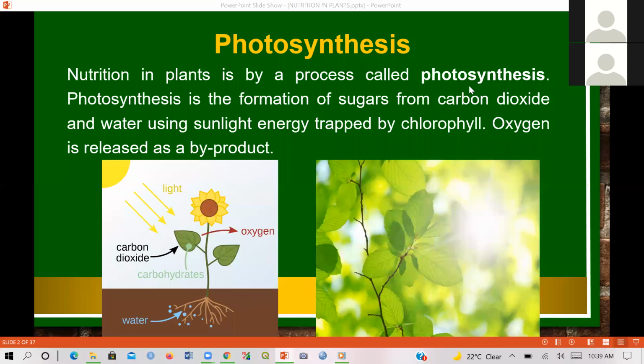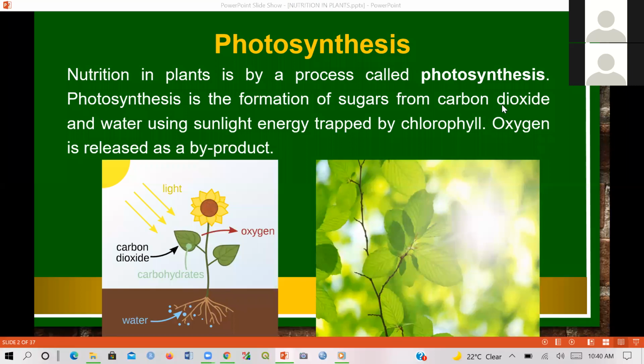Photo means light. Then the word synthesis means to make. So it means we are making something here, but using light. That is what it means. So that is photosynthesis. We are making something, but using light.